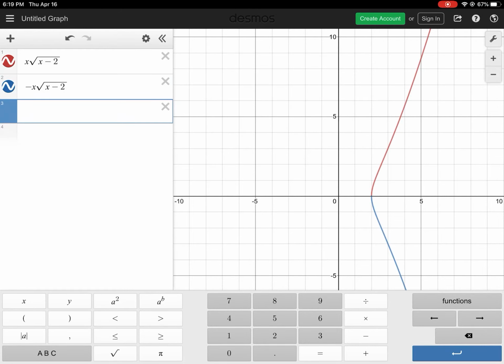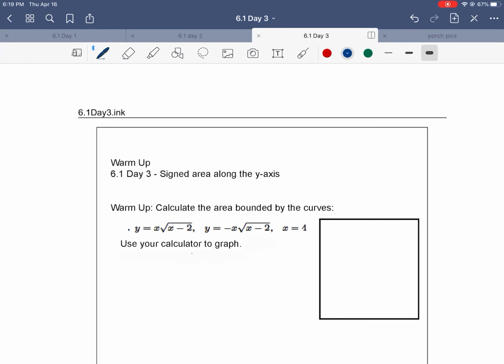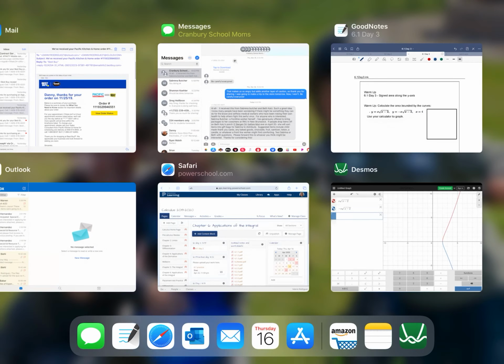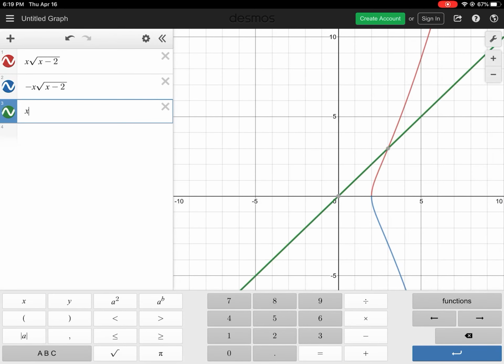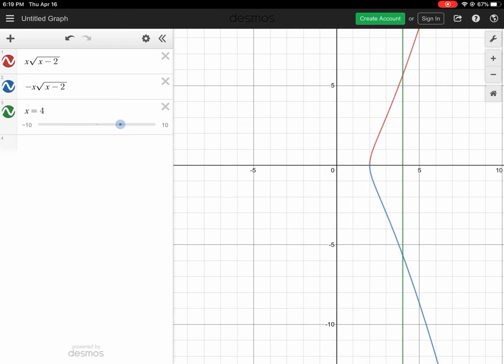and x equals 4. Okay, so x equals 4 is just a vertical line. So it's sort of like having a limit of integration.